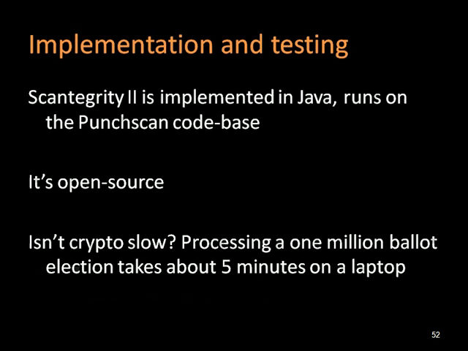What about implementation? Scantegrity II was implemented in Java and runs off the codebase of its predecessor, PunchScan. It's open source and employs a particularly efficient construction, allowing one to process a large-scale election and verify it in the order of minutes. This contrasts favorably with other implementations of other systems which may produce a verification of an election outcome on the order of weeks and months.